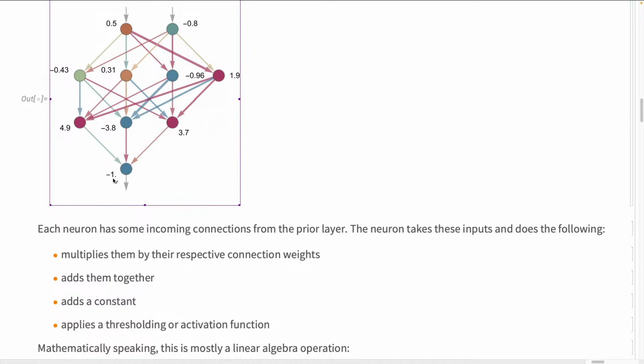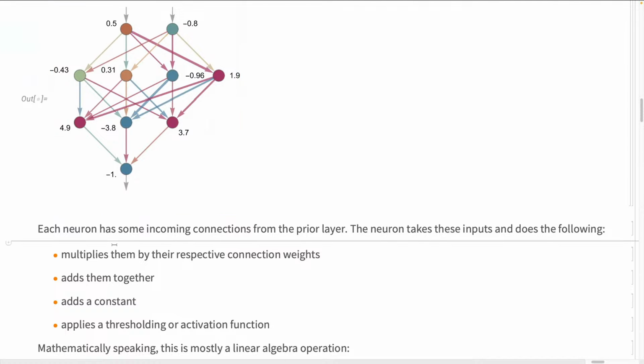All it's doing is taking these values and multiplying them by how strongly it's connected to each of the neurons producing those values. So it multiplies them by their respective connection weights. Once it has weighted them, given them a relative importance, it then adds them together. Then there is a step where it adds a constant, but that part's not particularly useful to talk about in this context, so we'll not talk about it.